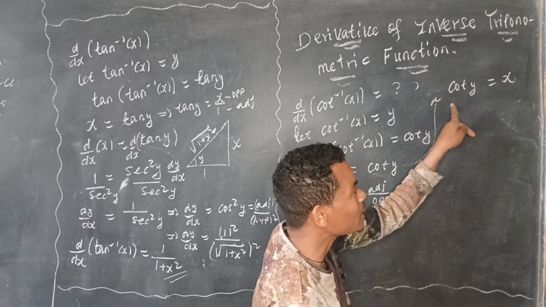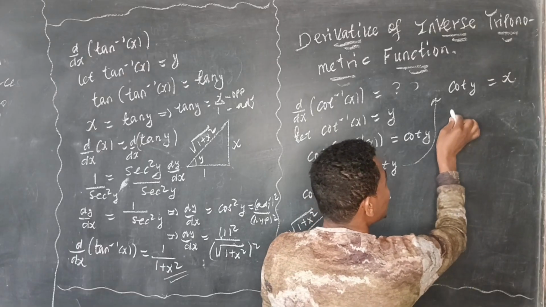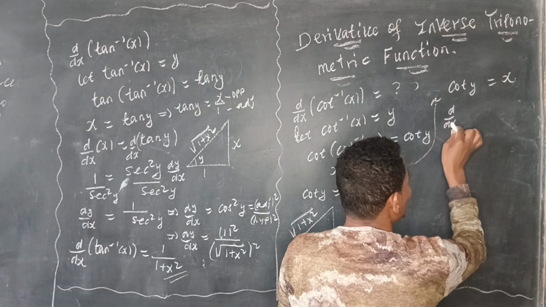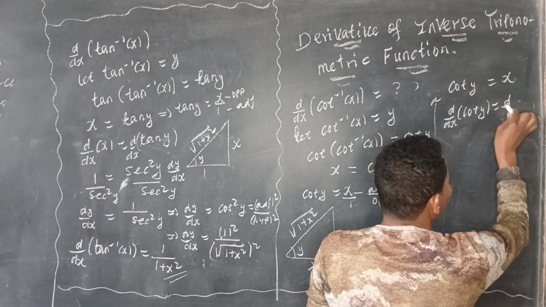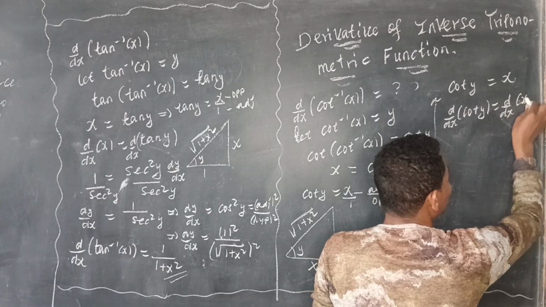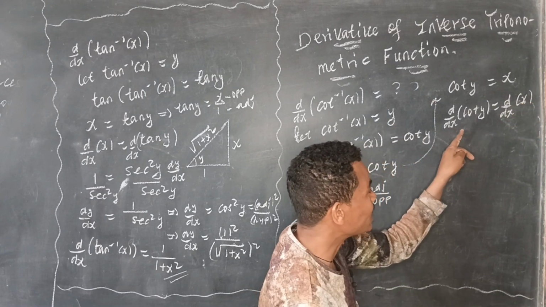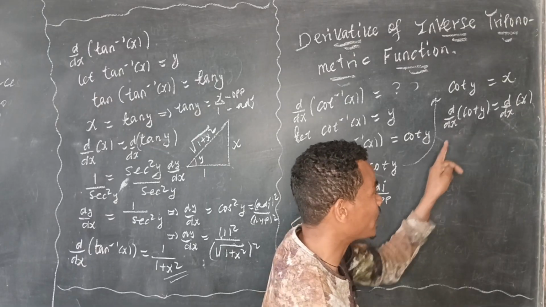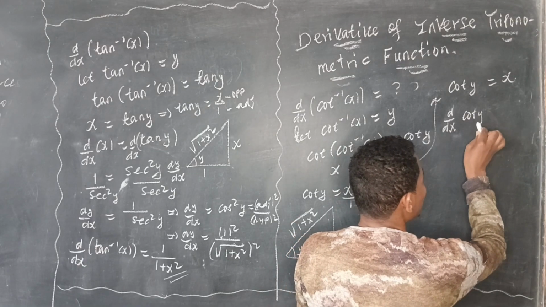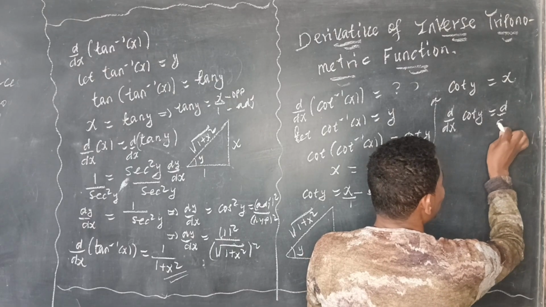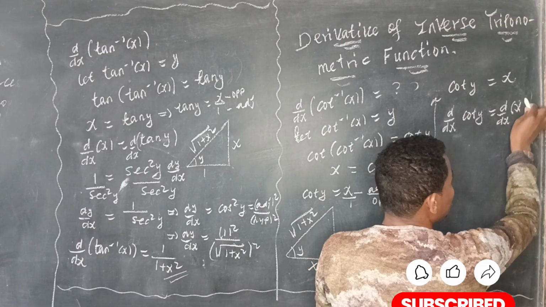Let's differentiate both sides with respect to x. That is d by dx of cot y is equal to d by dx of x.